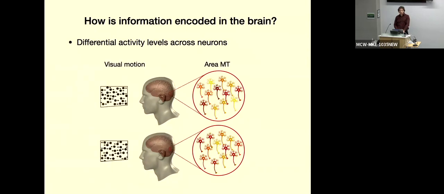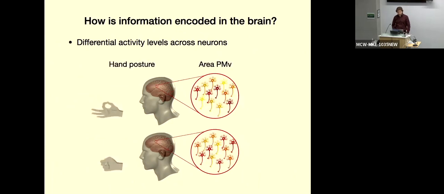If you measure neurons in a different area, MT, those neurons are particularly sensitive to motion features like the speed of moving dots or the direction of movement. In the ventral premotor cortex, you can decode which hand posture a person is doing or even planning to do, based on the pattern of activation across neurons there, because that's the kind of information that they encode.